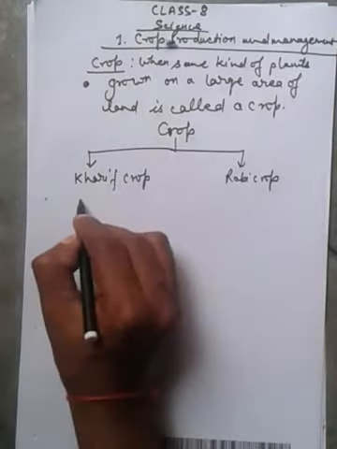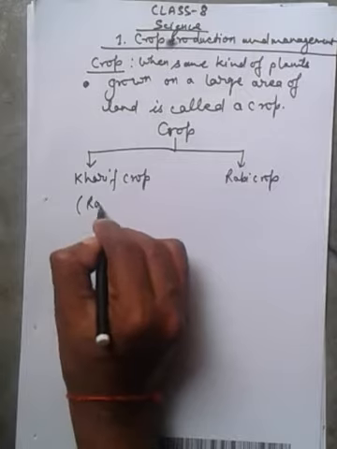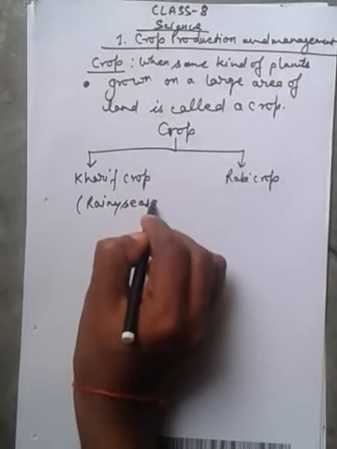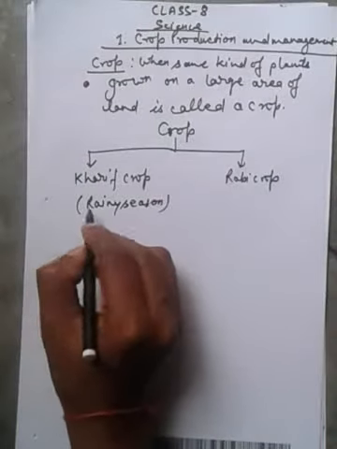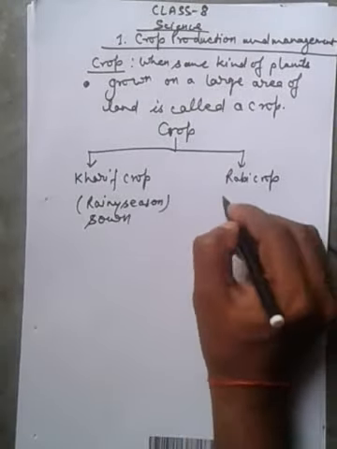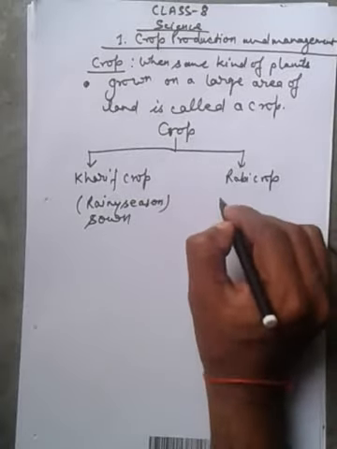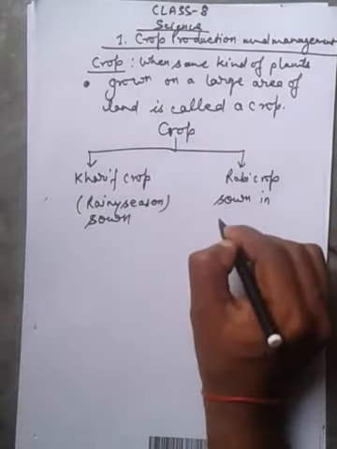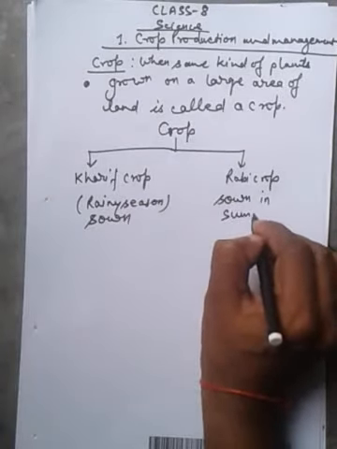Kharif crops are sown in the rainy season, whereas rabi crops are sown in the summer season.